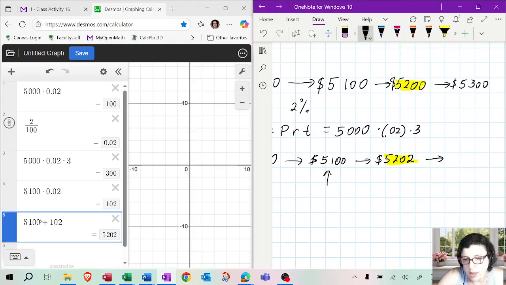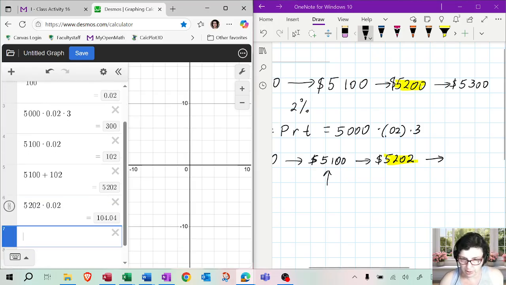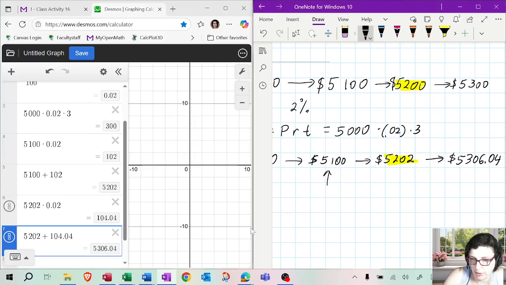Now let's see what happens next. We take this new amount, not the original 5,000 but 5,202, and take 2% of that. It's going to be 104.04, and let's add that to this amount: 5,202 plus 104.04. Now what you get is $5,306.04.